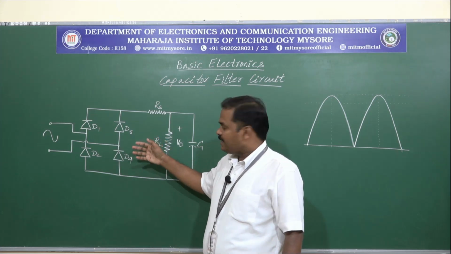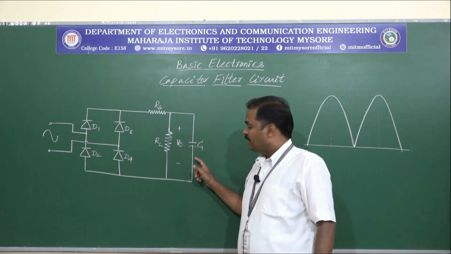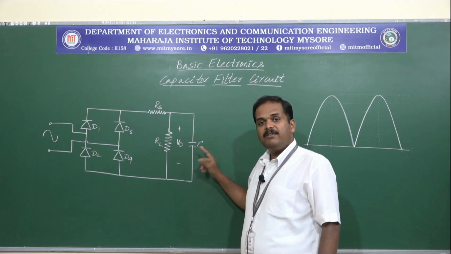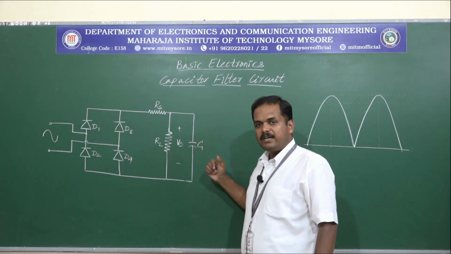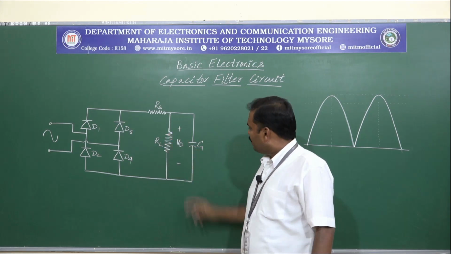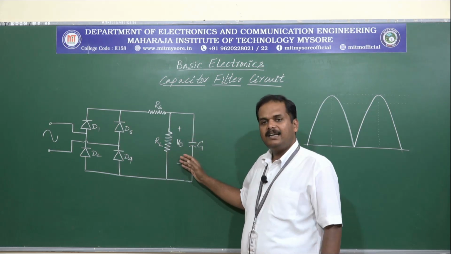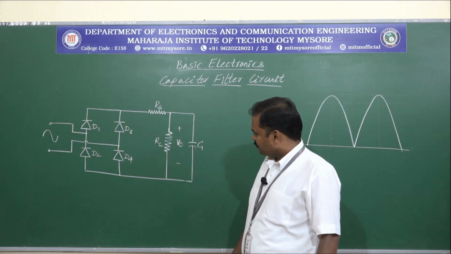The pulsating DC will be fed as input to this capacitor. So this capacitor C will work as the filter circuit, which is connected across the load resistance RL. In fact, we can interchange the positions because these two are connected in shunt paths.